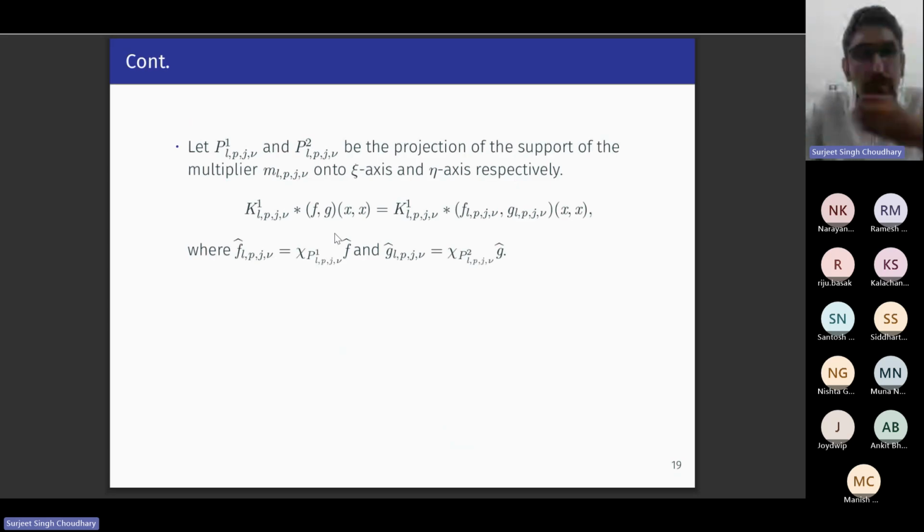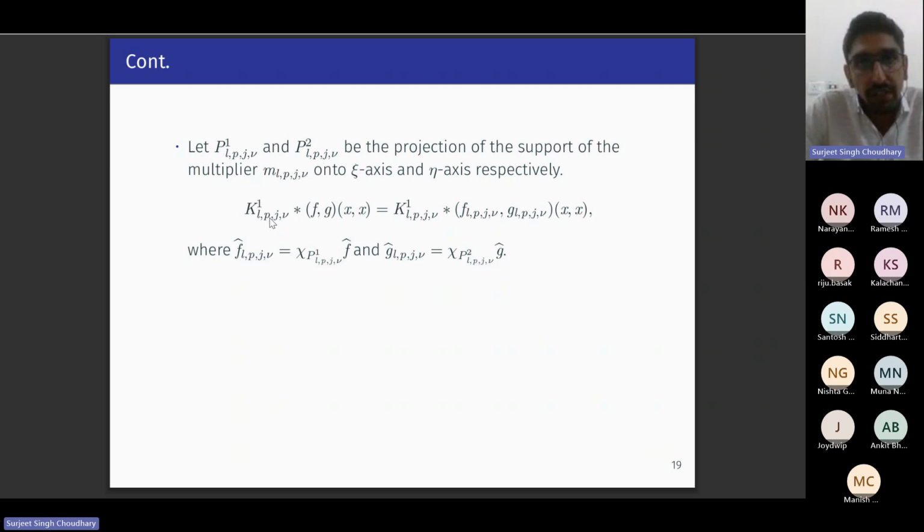We first rewrite this convolution with the kernel K1. Let P1 and P2 be the projections of the support of our multiplier M on the ξ and η axes respectively.